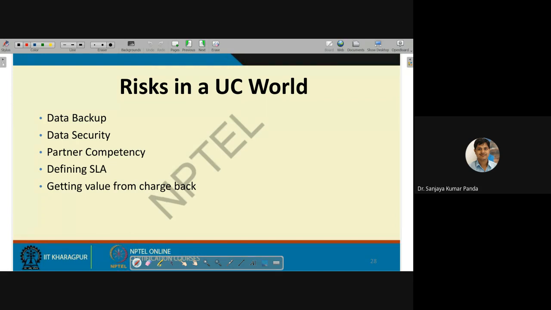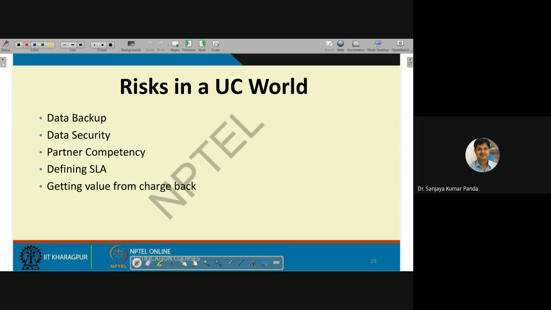Because these are not a part of your system. You are not keeping anything; everything is there in the server. Let's say, for example, the Google server has crashed. Then what happens if that particular server only contains your email? Imagine that none of the other servers contain a replica of your emails. Then they are gone, right? So data backup is always a risk in the utility computing world.